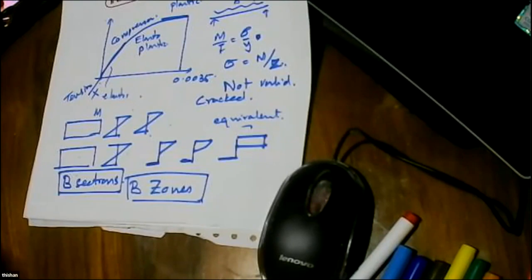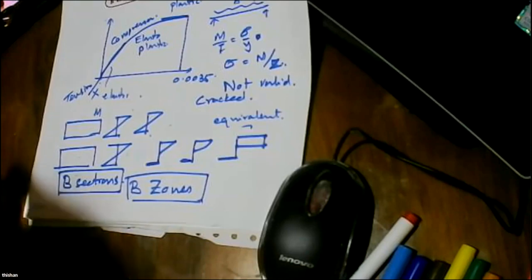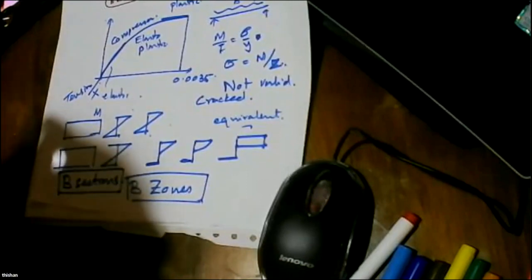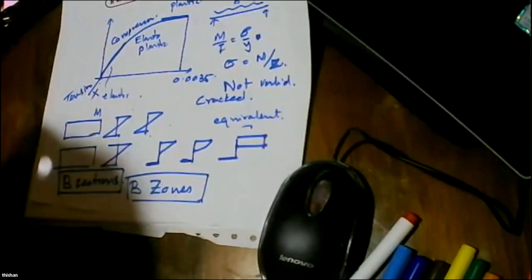Then we teach masonry design. Why? In masonry design, the equation is stress equals force divided by area, not the bending formula. What is applicable is stress equals force divided by area. So steel design, bending formula. Concrete, a cracked material.